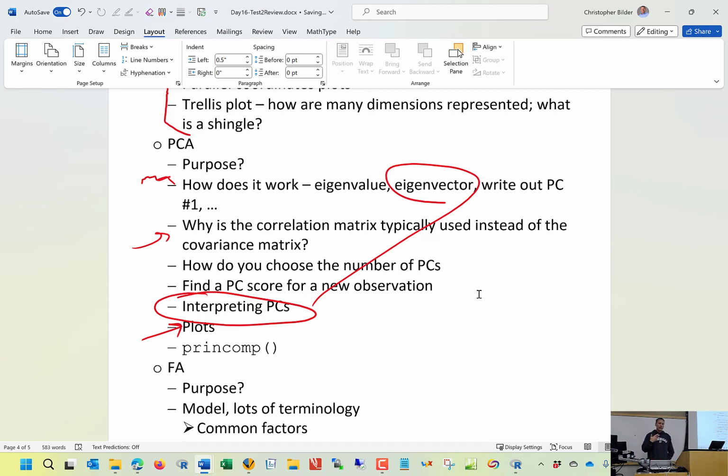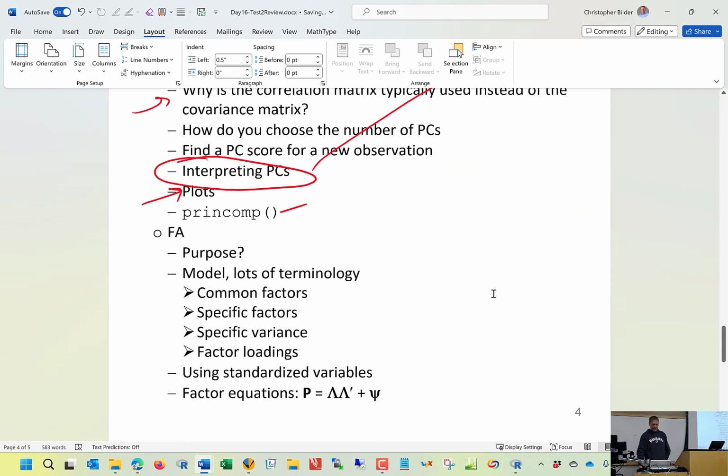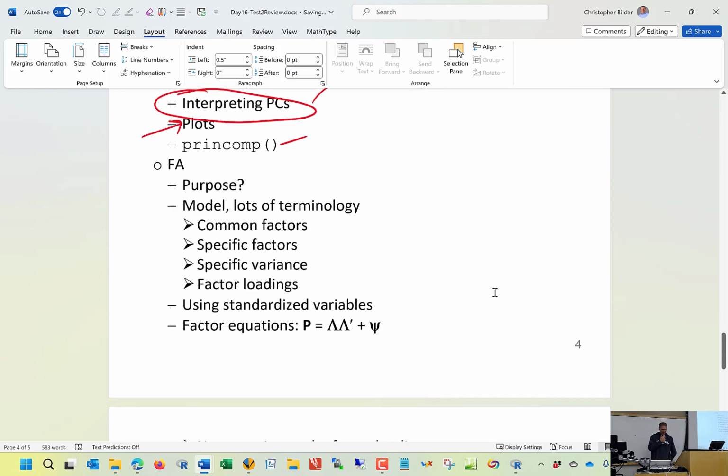Think about, again, what we're after. Well, we just talked about it with respect to the factor analysis scores. We're after the same things. And make sure you're very familiar with using princomp. A good thing coming into the test would be to be able to actually type out princomp code without always having to look at one of my examples.